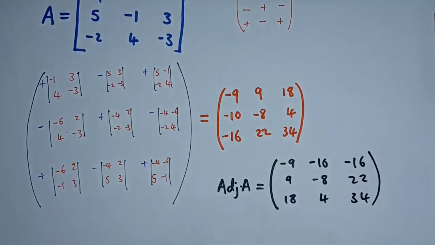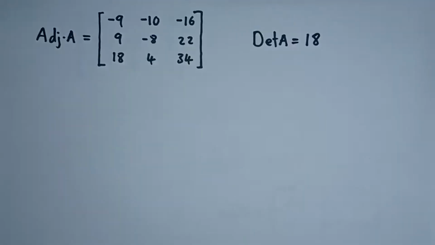So now we're going to use the adjoint and the determinant to find the inverse. Okay, so this is what we've achieved so far. We've managed to find the adjoint by using cofactors, transposing the cofactor, as well as the determinant that we found in the first step.